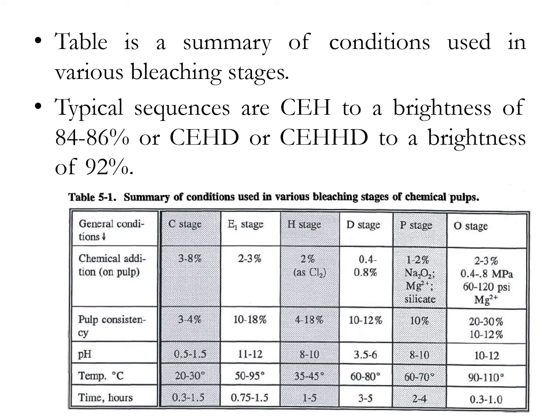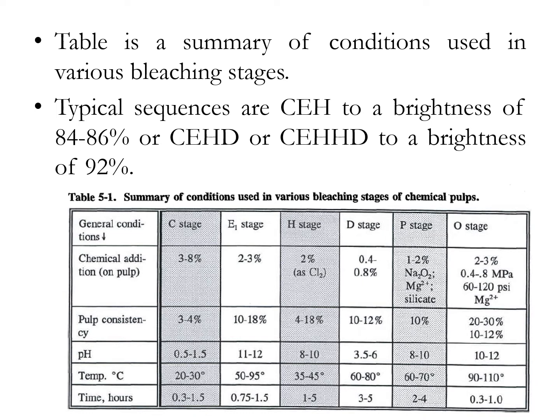And now in this table you can see the sequences. Basically, as we have said, 7 stages can be possible, like C stage, E stage, H stage, D stage, P stage, O stage. The explanations you will be learning in the next slides. Here you can see the pulp consistency, pH, temperature and the time requirement.